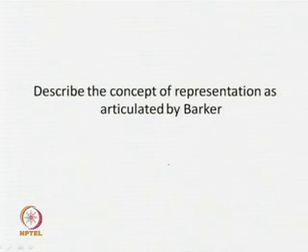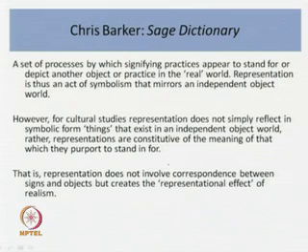Now, the next question: describe the concept of representation as articulated by Chris Barker. You would put emphasis on certain words in Barker. For instance, Barker says that representations are sets of processes by which signifying practices stand for. Okay?